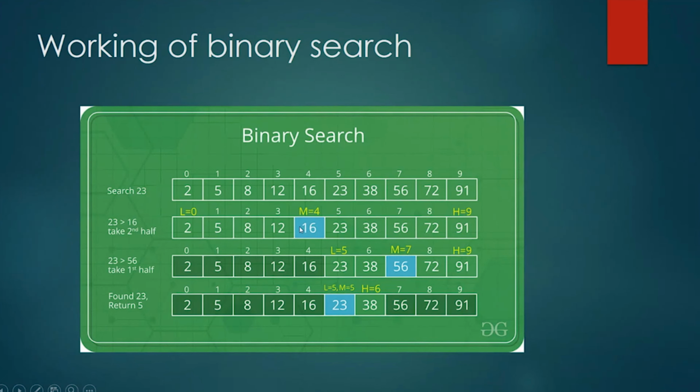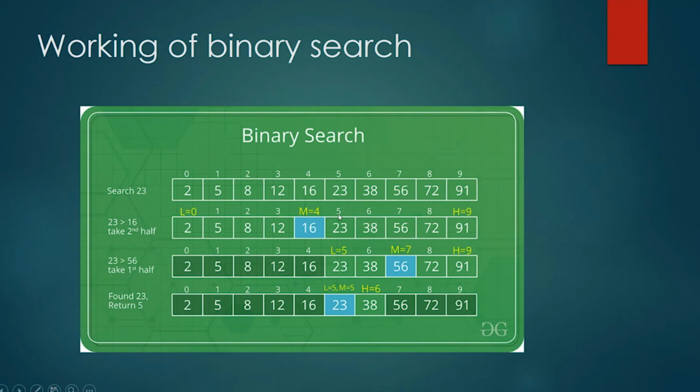But we are looking for 23, so we will consider the next half of the array. We will not consider this part now because 23 cannot lie here. So now we will consider this portion only: 23, 38, 56, 72, and 91.